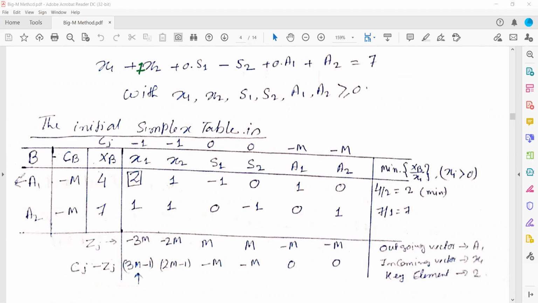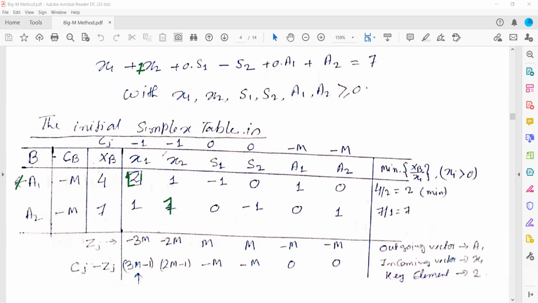So this will not be the incoming or outgoing vector this time, and this will not be the key element. This is also not the key element. Here it is 1, and this will be your 7.